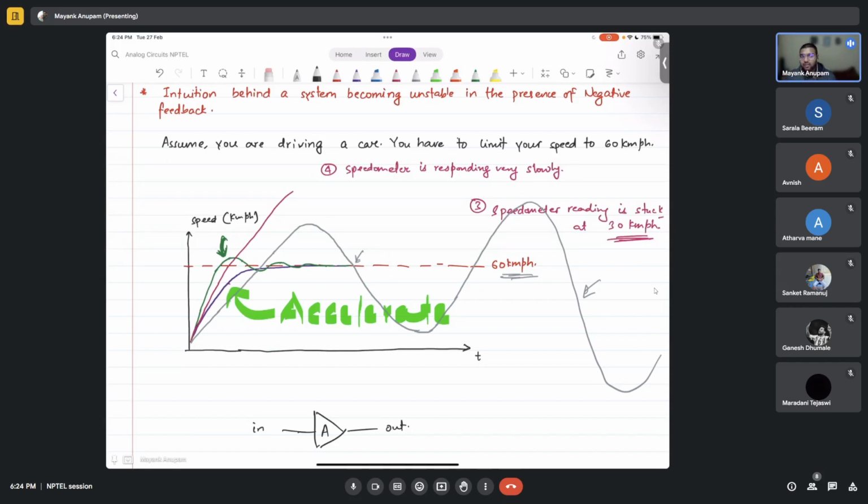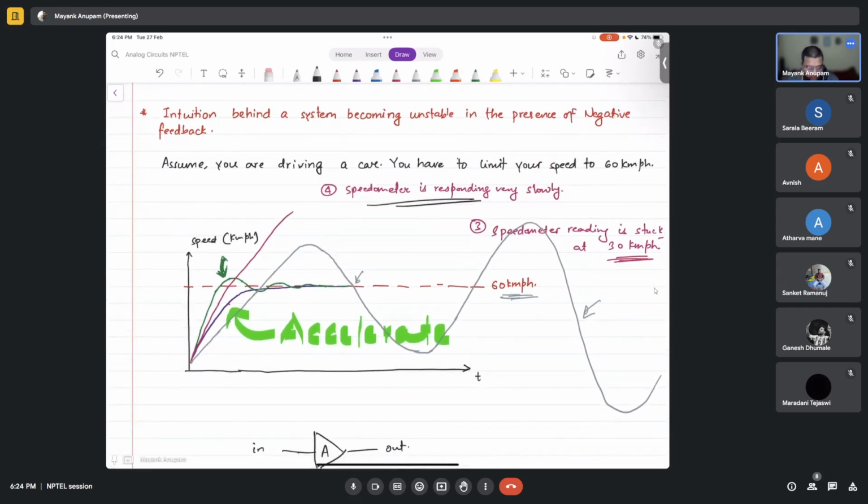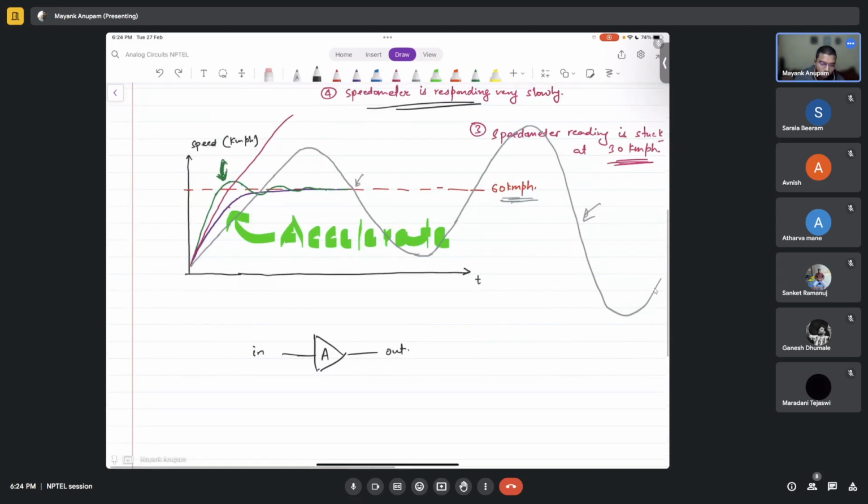Just as in the case we saw, the speedometer responds slowly, it is not instantaneous. If the speedometer is very slow, then you can have the possibility that the system becomes unstable. You get the idea? So if the feedback is taking very long to operate, your system can become unstable. Do you understand? Yes, sir. Yes, very good.